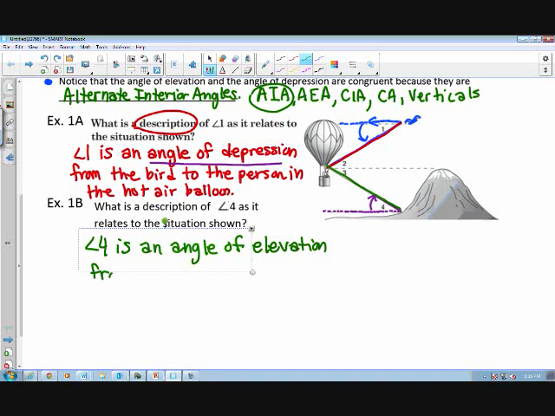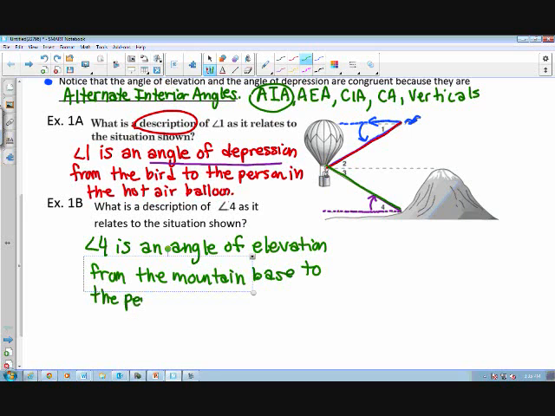From, where does it start? The mountain base, or the base of the mountain, you could say, to, now be specific, it doesn't just go to the hot air balloon, it goes to the person in the hot air balloon.